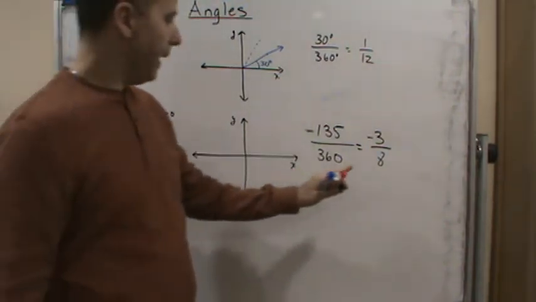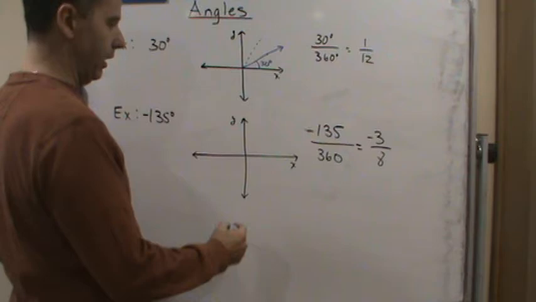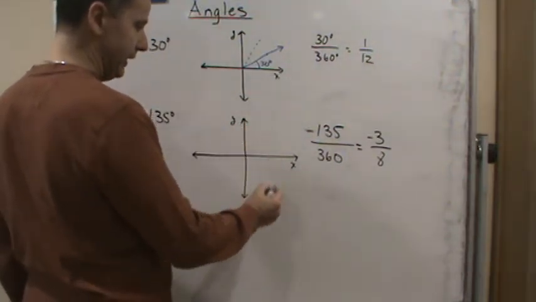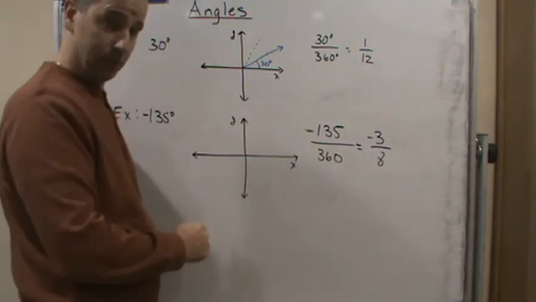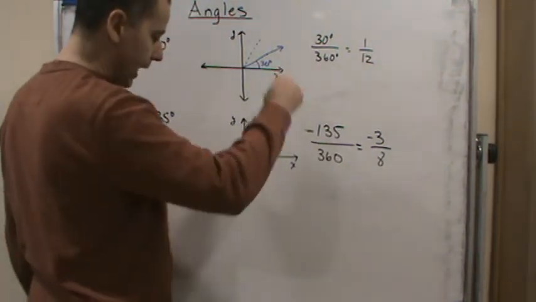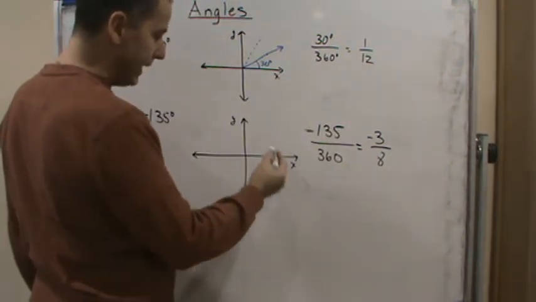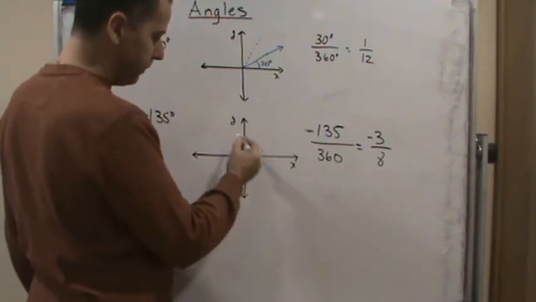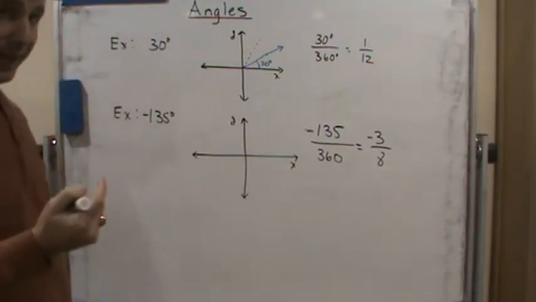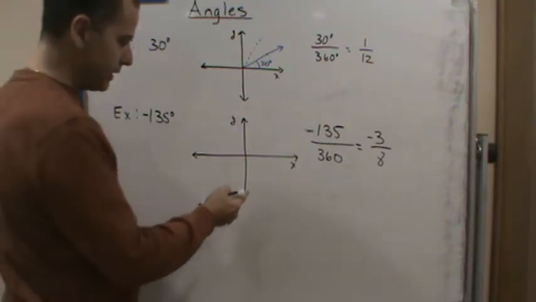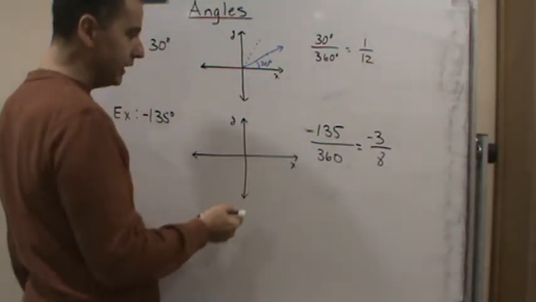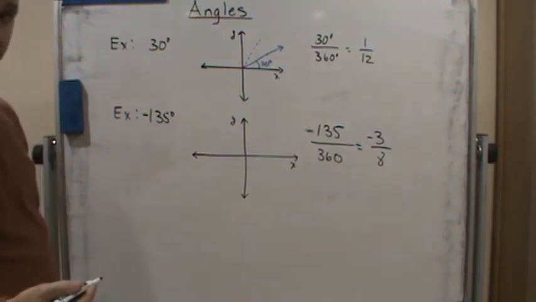Now basically we're dividing the circle into 8ths. Think again of the pie: 8 slices, and we're going clockwise. If I have 8 slices, how many slices are in each quadrant? I'm going to divide 8 by 4, so I'm going to have 2 in each quadrant, 2/8.